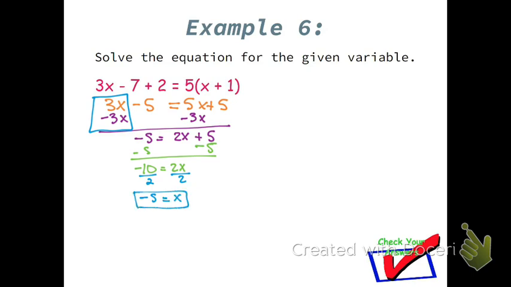Dividing both sides by 2 is the same thing as multiplying by 1/2. So I did division property of equality, multiplicative inverse, and multiplicative identity to be able to get down to x equals -5. And then if I want to check my answer, I go back to the original problem, and everywhere that I see an x, I'm going to plug in the -5.